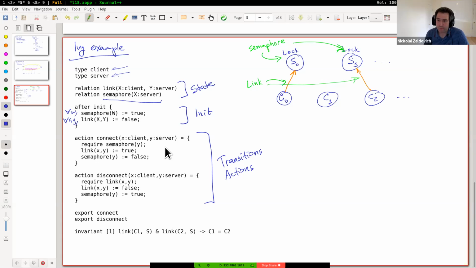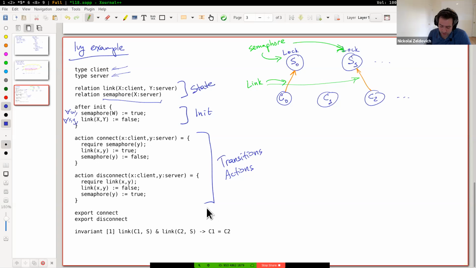So in reality, the implementation would check for this, but maybe after some level of abstraction, which is sort of, remember, we're sitting in the middle of this code to top level spec sandwich. That level of abstraction, perhaps it's reasonable to assume that you can rely on some preconditions being true, like acquiring a lock already happens only if the lock is not held by anyone. And then you set your lock variable and you get rid of the server holding the lock, set the semaphore to false, and the opposite happens when you disconnect, which is a lock release here.